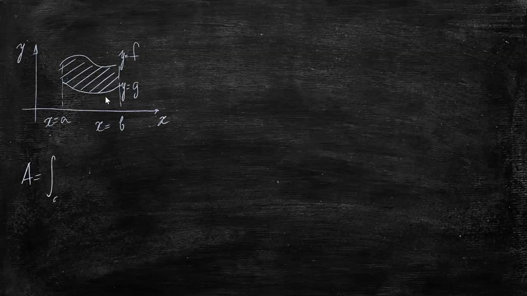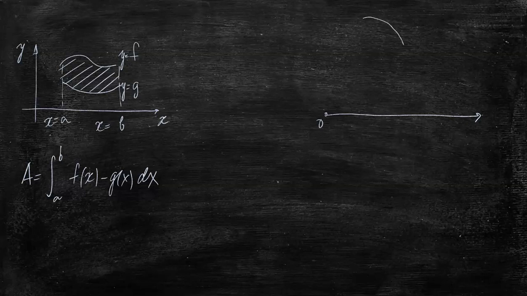It would be the integral from a to b of f of x minus g of x dx. In polar coordinates, we're going to have the following setup. We have a polar curve, and we have two polar axes, and we have two polar curves. One we can refer to as r. Let's say we're going to have two.